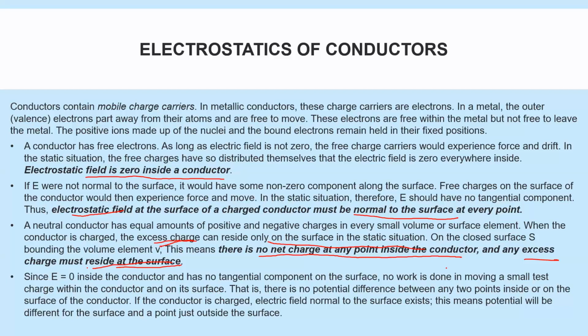Electric field is 0 inside the conductor, so there is no work done in moving any charge inside, and there is no tangential component on the surface, so no work needs to be done even on the surface of the charged conductor. That is why there is no potential difference between any two points inside or on the surface of the conductor.